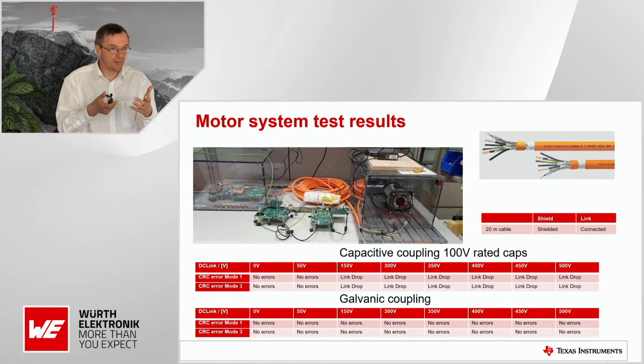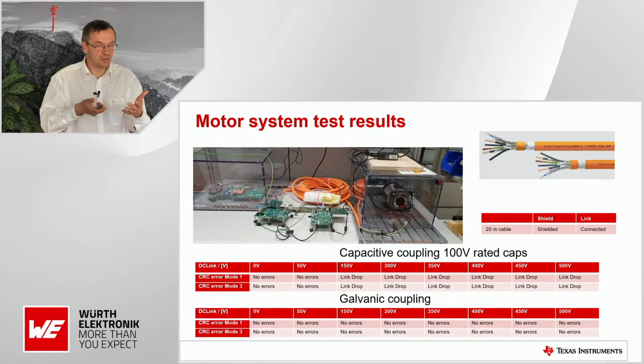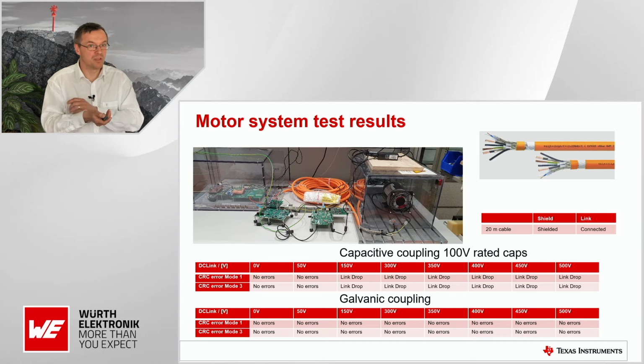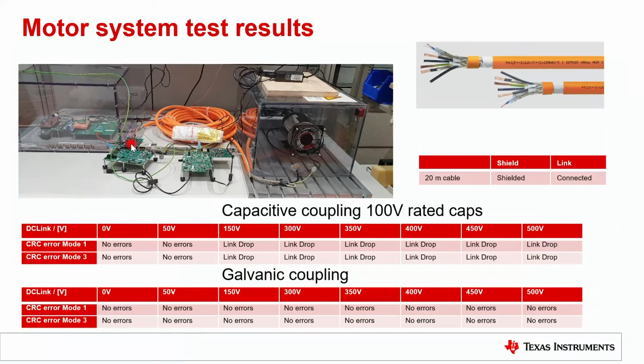Now, looking at some of the tests we did when we started learning how the system works and how noise robust the system is. What we did here was build a test system. This is basically a high voltage motor drive where I can tune the DC link up to 1000 volt.